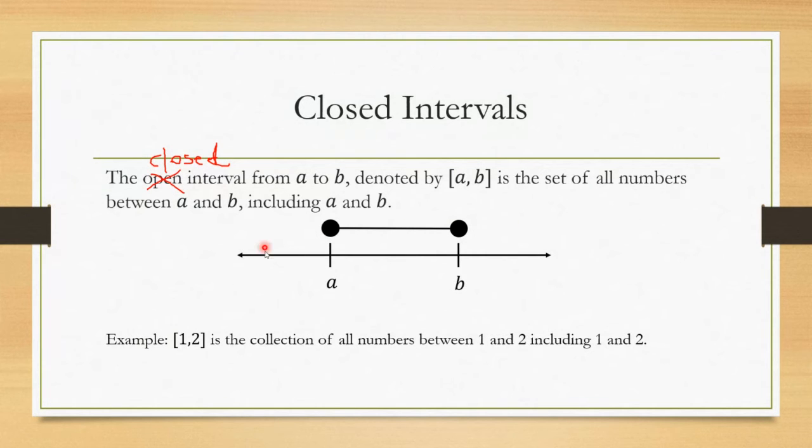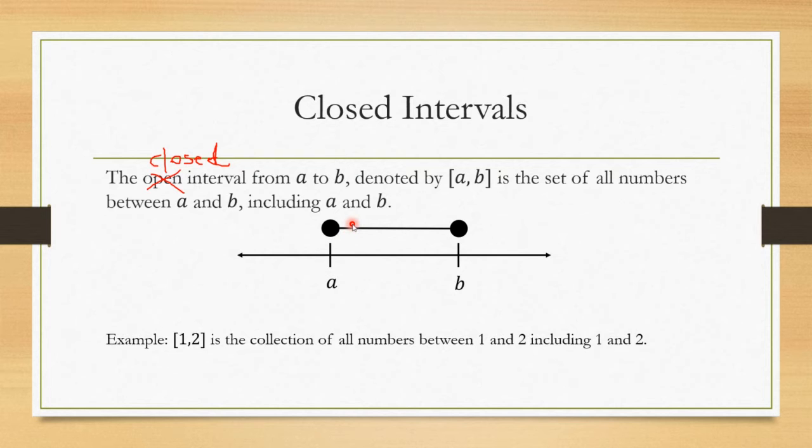If we were to graph it, it would be similar to the open interval. You have these two circles above the endpoints, and a line connecting them. Notice here, though, we fill in those circles, fill in those holes. That indicates we include those endpoints.